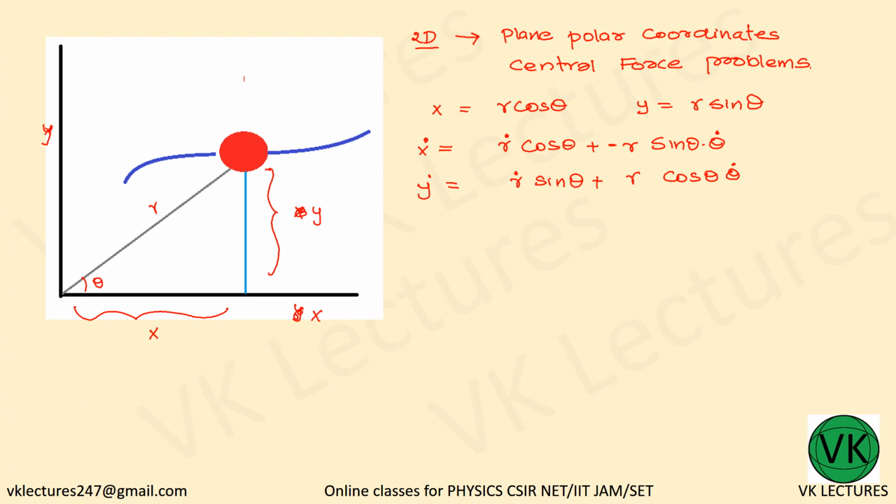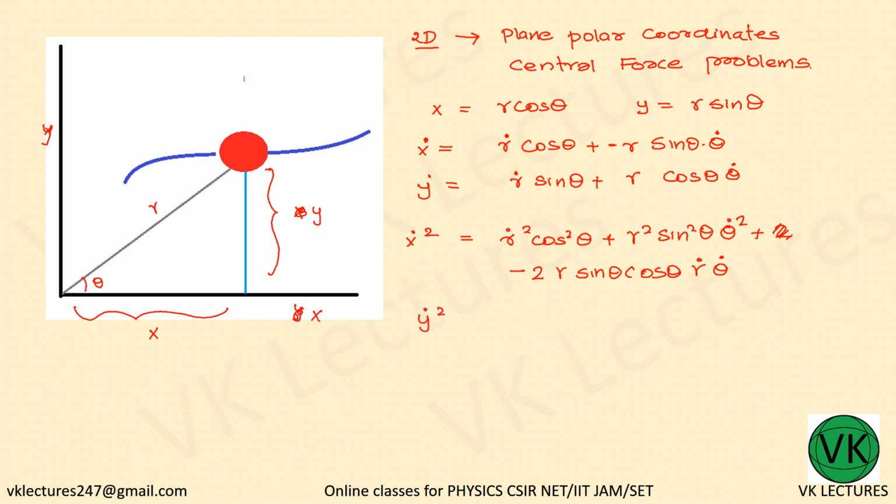Now we need to find x dot square, which is equal to r dot square cos square theta plus r square sin square theta theta dot square, minus 2 r sin theta cos theta r dot theta dot.